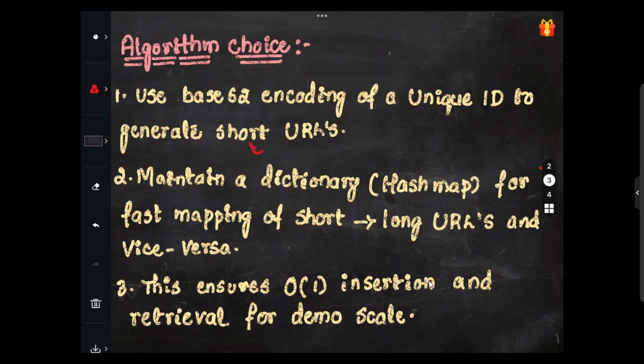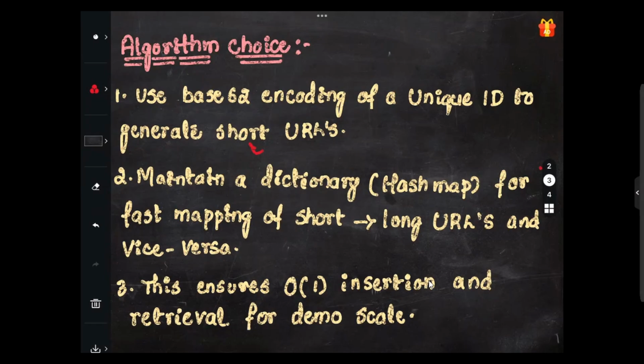Basically, we'll just go with a single character for demo purposes. If I give some URL, it'll give us just a single character in this case. We are not shortening it entirely. This is just for understanding purposes, as I've said.